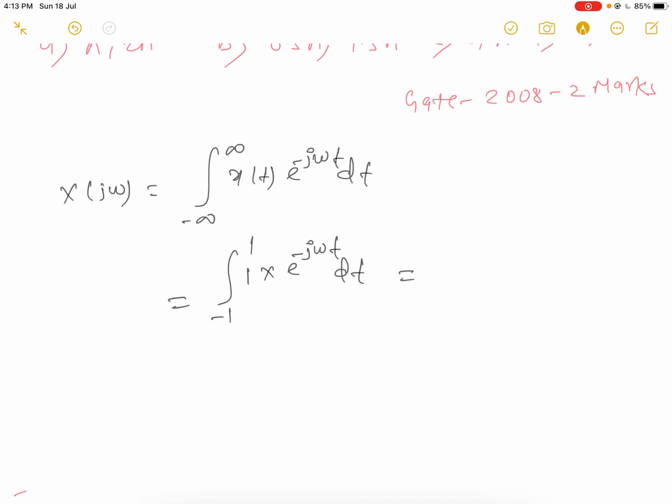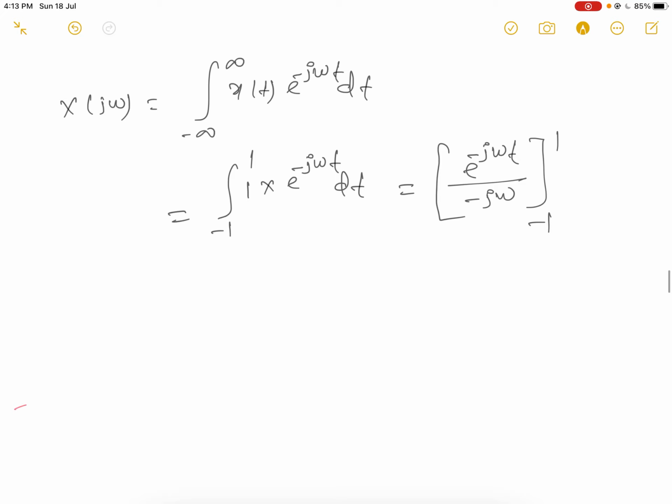Now take the integration: e to the minus j omega t upon minus j omega, valid from minus 1 to 1. Put in the limits: e to the minus j omega minus e to the power j omega, over minus j omega.